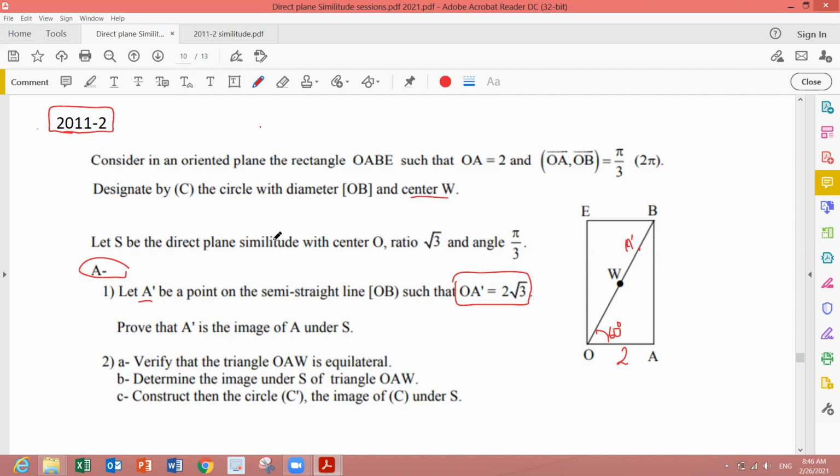So we have a direct plane similitude S of center O, ratio radical 3, and angle pi over 3.